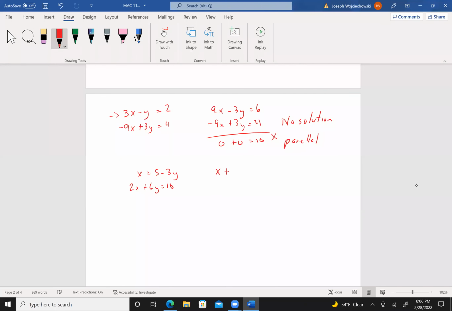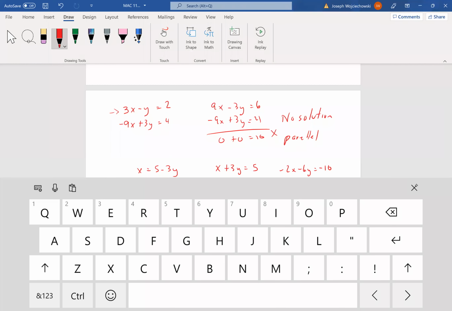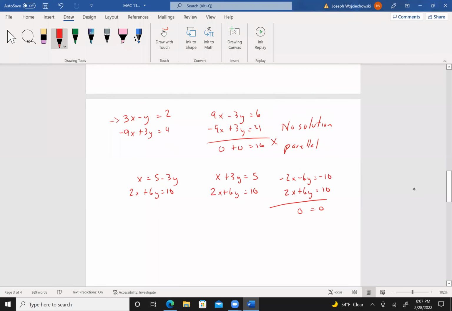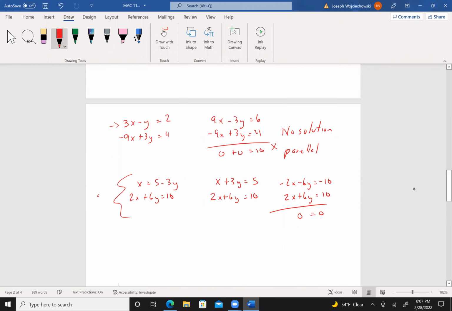So I have x plus 3y equals 5, and I have 2x plus 6y equals 10. If I multiply the top one by negative 2, I have negative 2x minus 6y equals negative 10. 2x plus 6y equals 10. And I get 0 equals 0. That's because these are the same line. So you have infinite solutions.